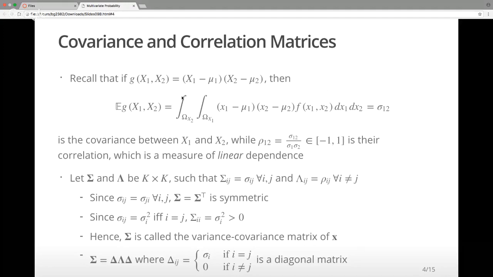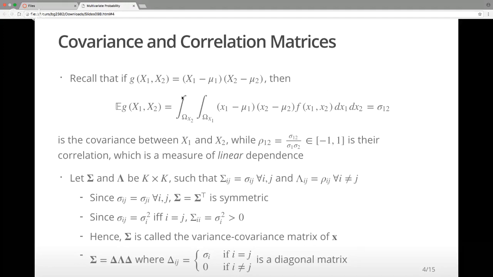And if we divide little sigma 1,2 by the respective standard deviations, we get the correlation between the first two variables. That's unitless, constrained to the -1 to 1 interval. And the correlation is a unit-free measure of linear dependence, whereas the covariance is in the same units as x1 and x2. Also a measure of linear dependence, but one that is embedded depending on the units of those two variables.